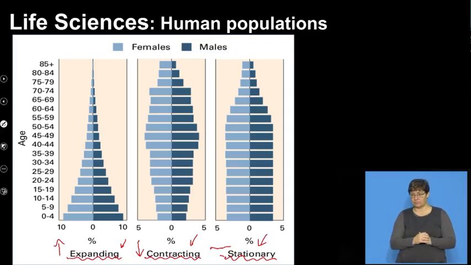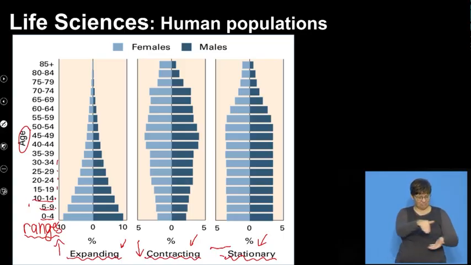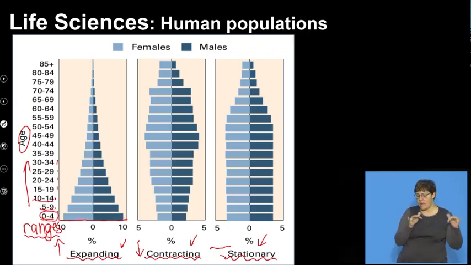On our y-axis, we have the ages. And notice that we've broken our ages into ranges, very similar to how we use a histogram to record ranges of data. But here our ranges are going up the y-axis. So at the bottom of our graph, we're going to show how many in our population are in the age group 0 to 4.